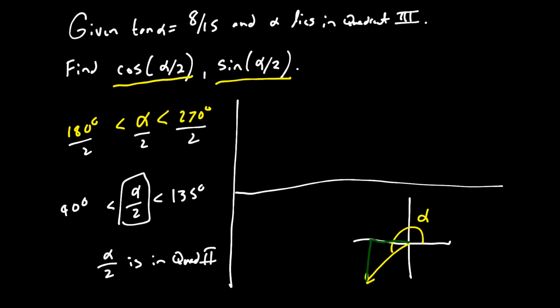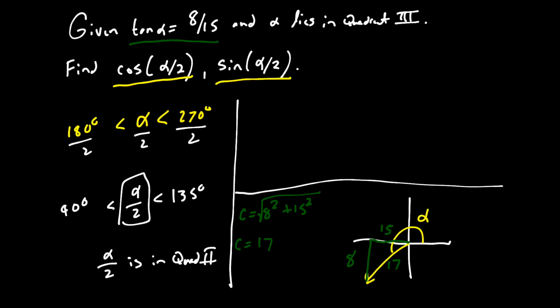What we're given is this tan alpha, which means this triangle has an opposite side length of 8 and an adjacent side length of 15. And we can find the hypotenuse by using the Pythagorean theorem. So we'll get c is equal to the square root of 8 squared plus 15 squared. Simplifying this, we see that c is going to be equal to 17.